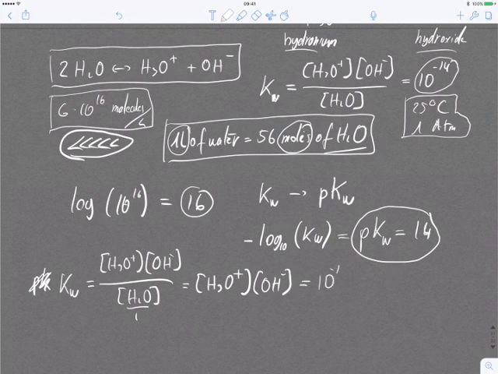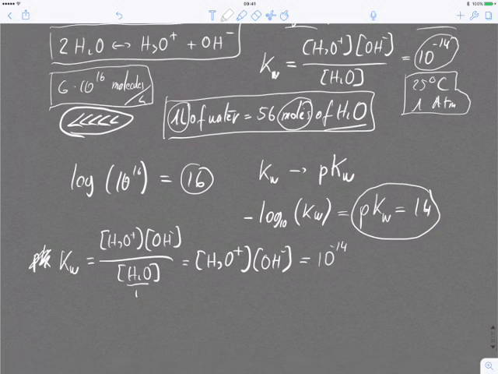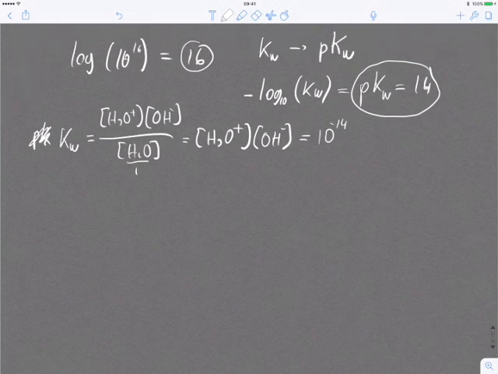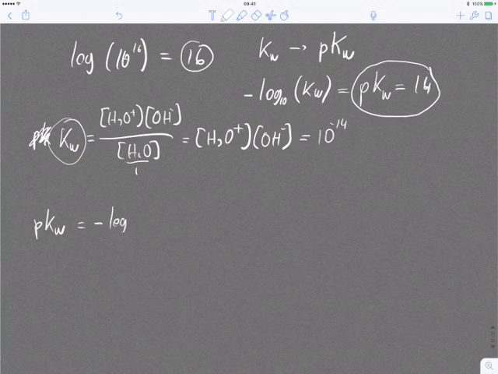of minus 14. And if I'm taking the log of that, or minus log of it, because now we want to have the pKw, which is the minus log of this value here. It's equal to the minus log of the concentration of H3O plus times the OH minus.